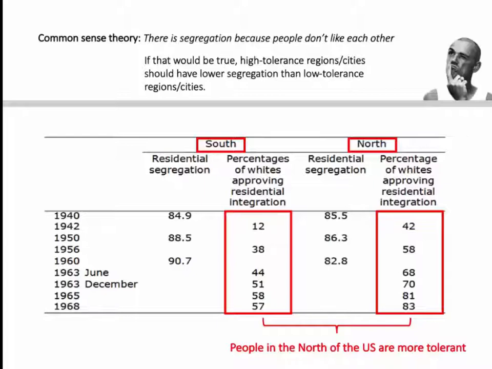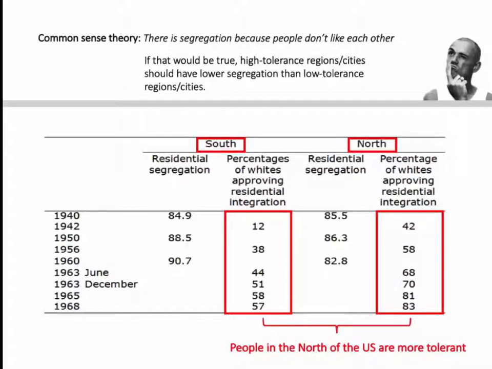In 1940, 42% of the whites in the north approved residential integration, while only 12% of the whites in the south approved it. So basically the story here is people in the north of the US are more tolerant in those days, the 1940s, 1950s, 60s, and so on. Hopefully nowadays it's different, but that's how it was.